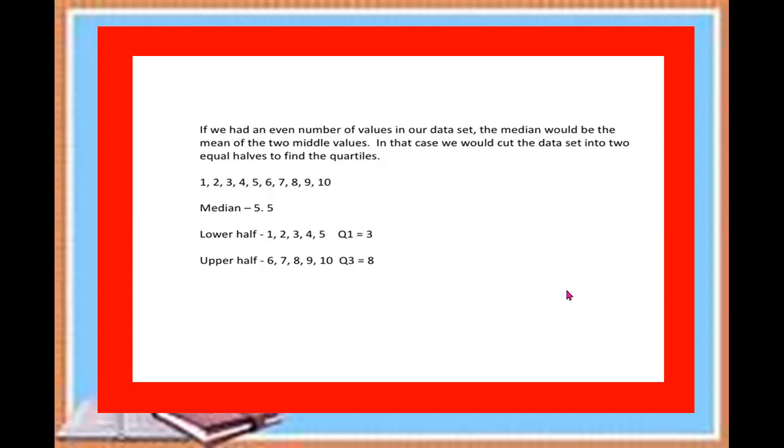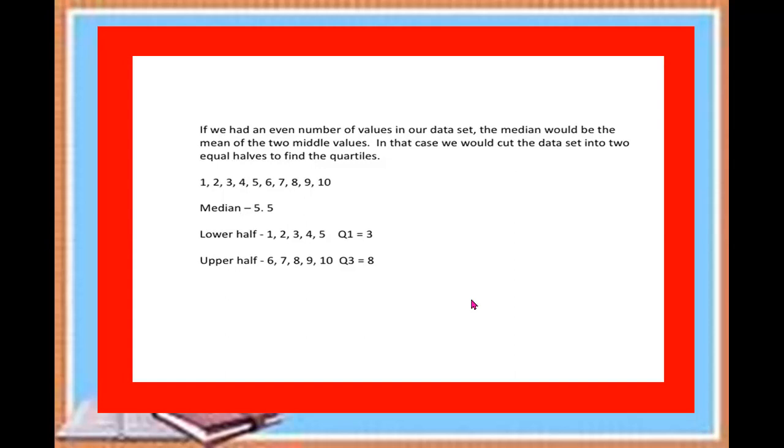If we had an even number of values in our data set, the median would be the mean of the two middle values. In that case, we would cut the data set into two equal halves to find the quartiles.